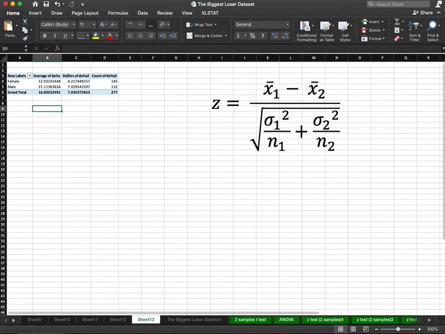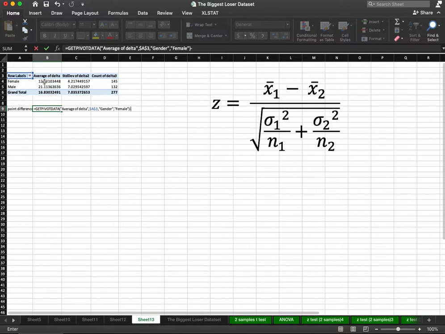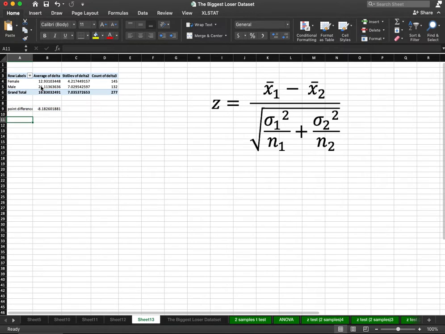So I'm just going to do these in parts. The point difference is the difference between the means. So that is 13 minus 21. Okay. I'm going to calculate my sigma 1 squared over n first. So that's my standard error.